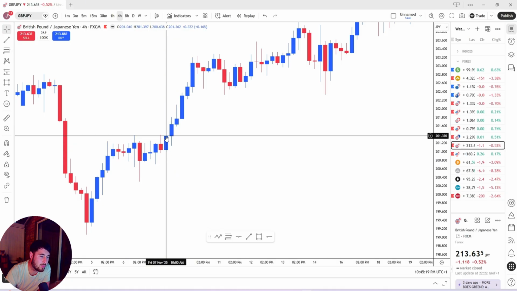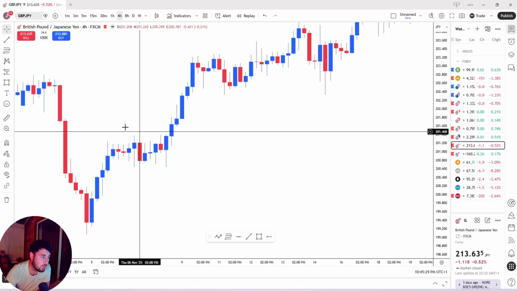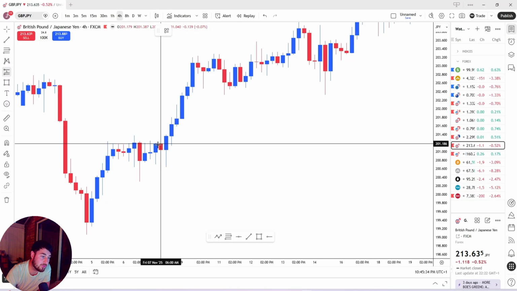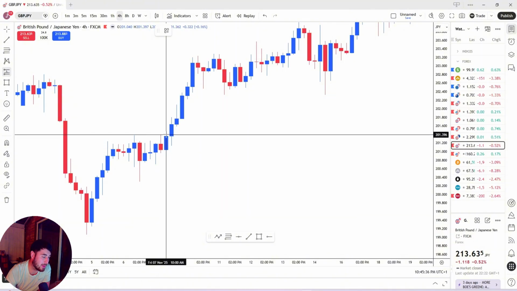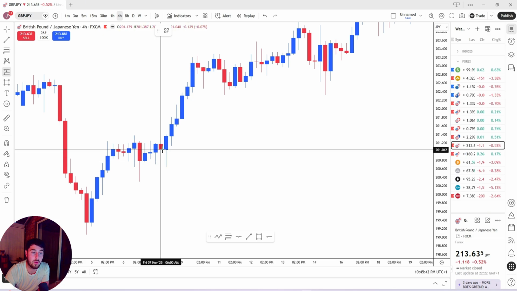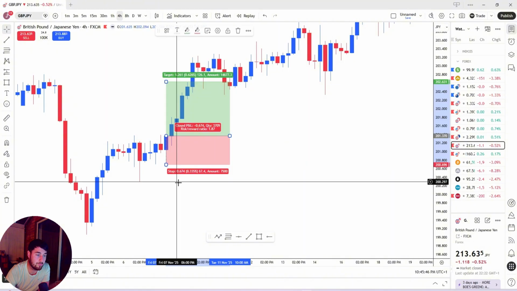That one, that one's reasonable, but I probably wouldn't enter there as I'd like it to close above the wick. But even still, if you're engulfing the body of the previous candle, it doesn't really matter if you're engulfing the wick. But if you're engulfing the previous body with a sweep below the previous 4-hour, that is your entry to go long.